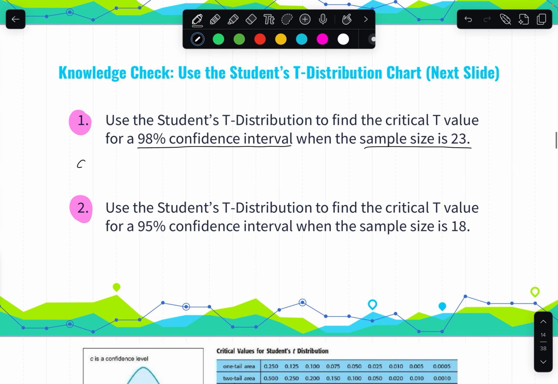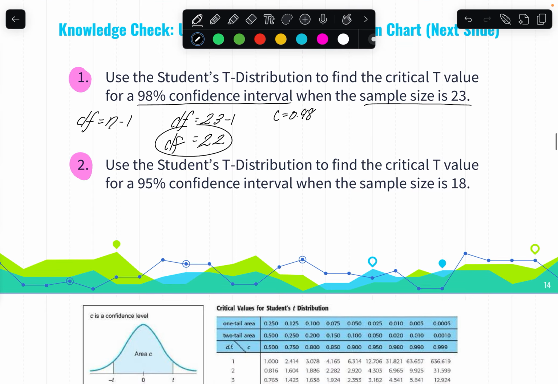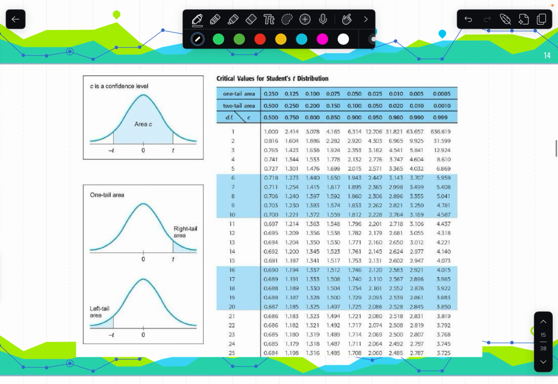Degrees of freedom is equal to n minus 1, n being your sample size. That means your degrees of freedom is 23 minus 1, which is equal to 22. Again, the easiest equation you're going to have in this class. Now that we have the degrees of freedom, we can use the chart. We're finding a 98% confidence interval, so the level of confidence, C, is 0.98. Let's correspond the two together.